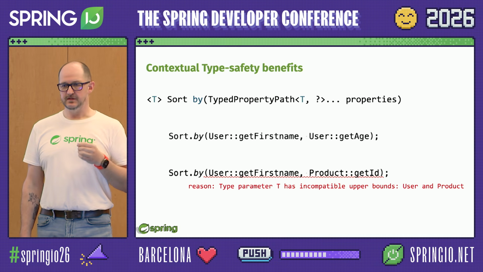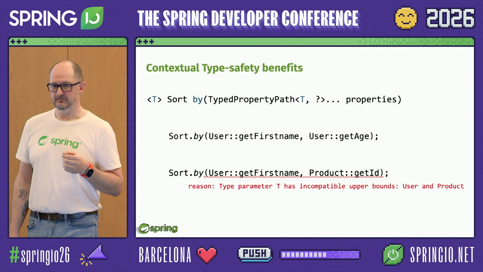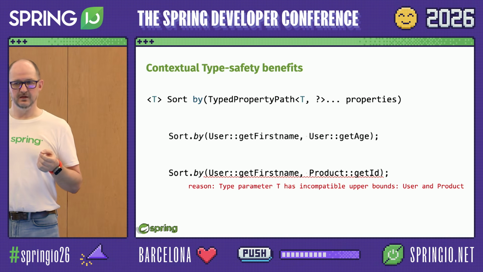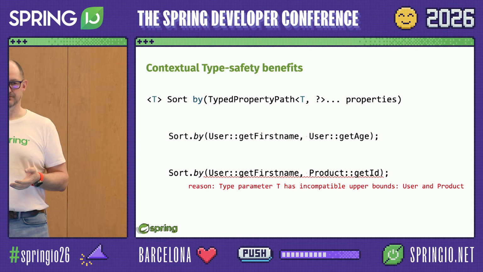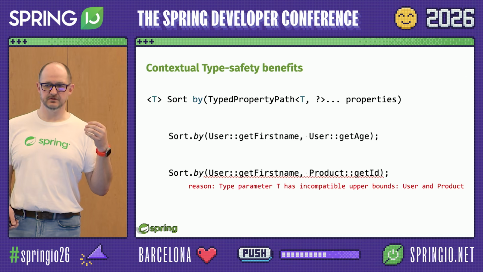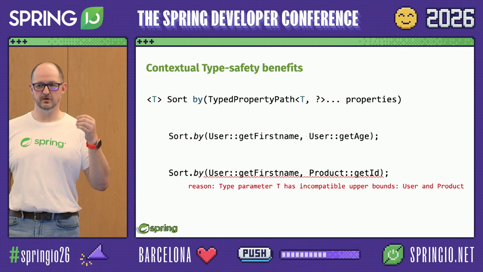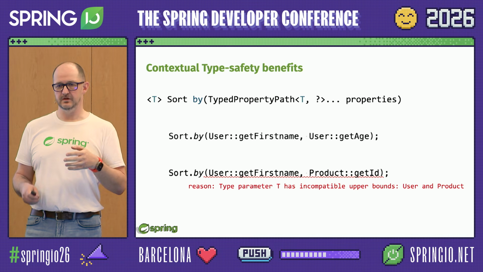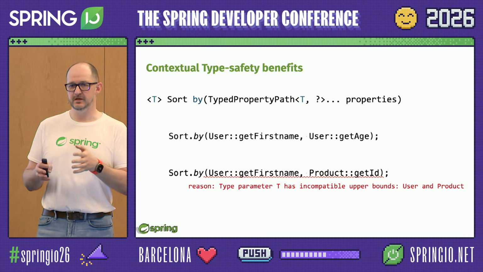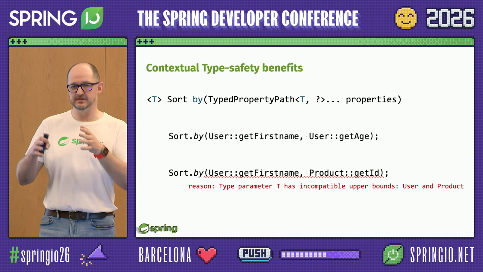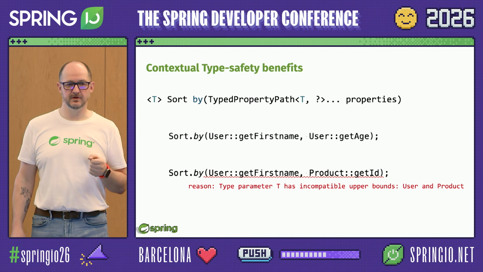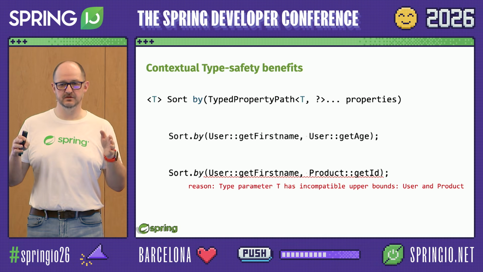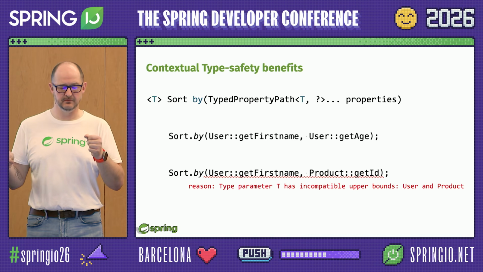We can have the very same with type property paths, but a type property path has two generic parameters. It's the T type, which denotes the root owning type, and it has a P type, which expresses the property type, so basically the type that comes out of that property path and which shows the leaf property type.